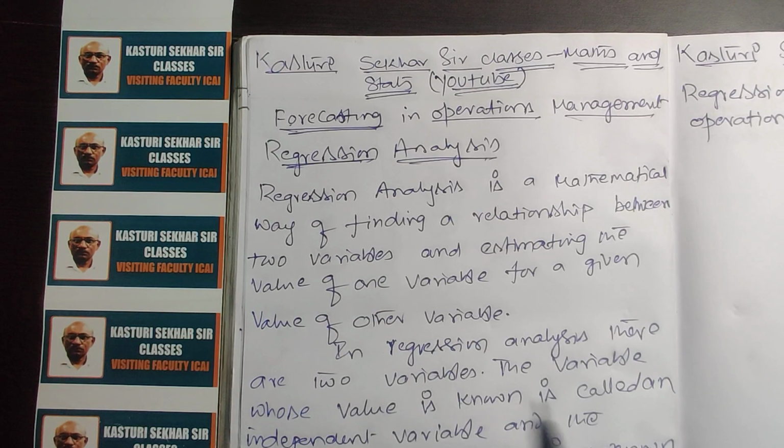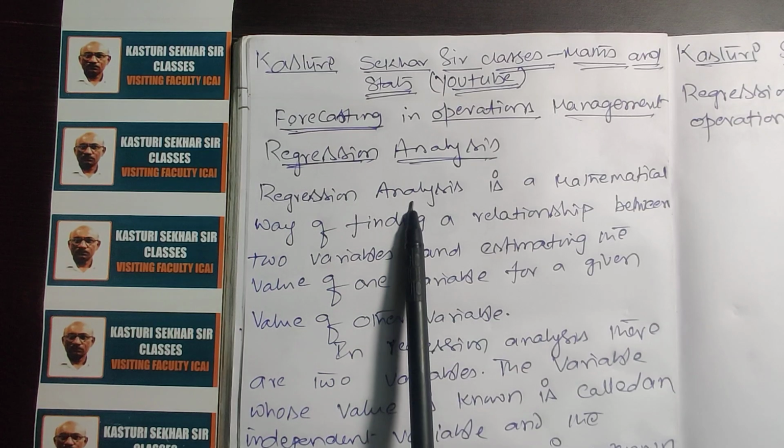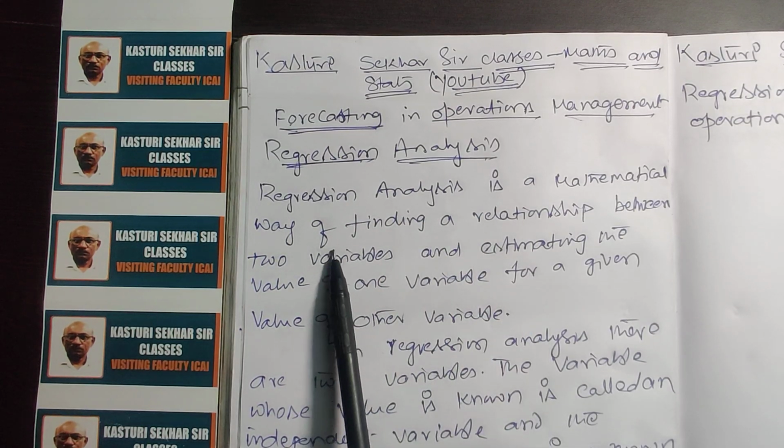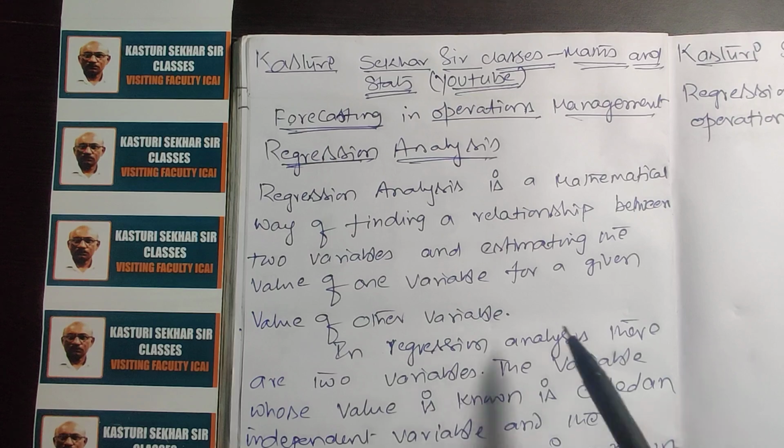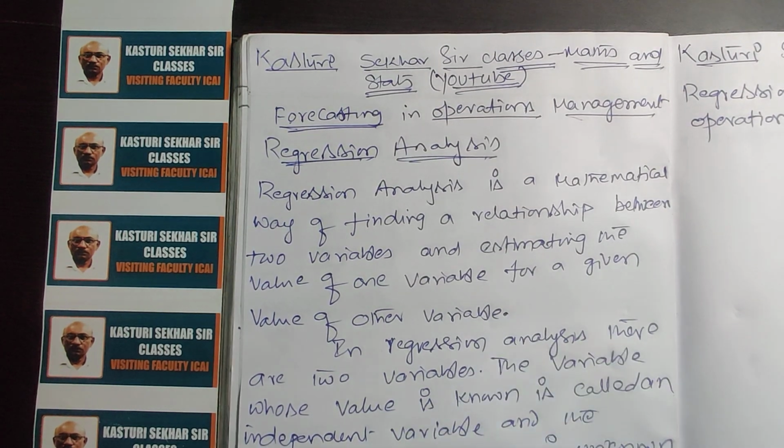If you see the definition, regression analysis is a mathematical way of finding a relationship between two variables and estimating the value of one variable for a given value of the other variable. In simple regression analysis, we are considering two variables only.